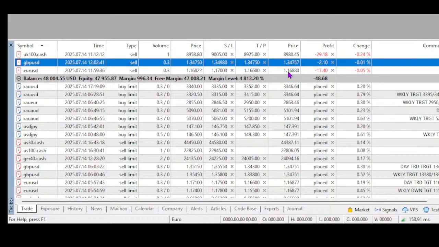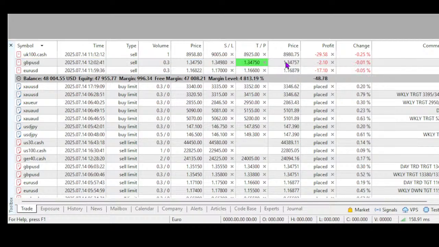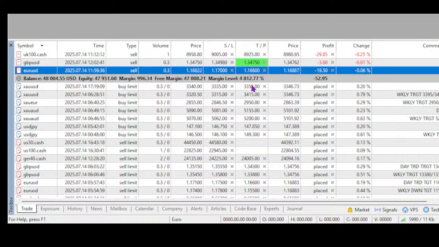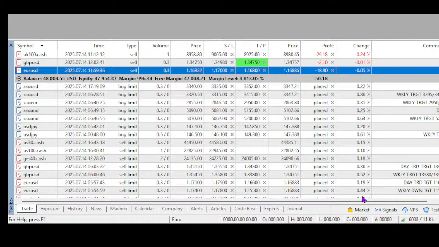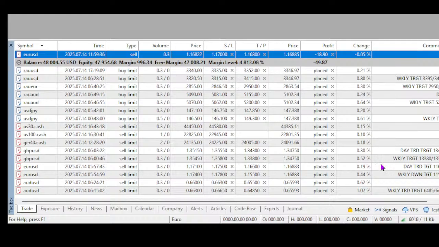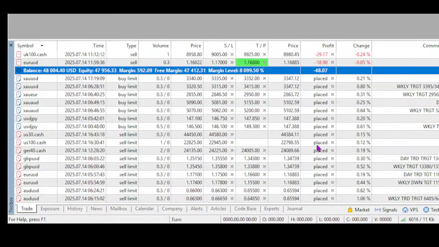Then euro also, I just want to close it at cost. So after that, we let all the other orders work, because the other orders are mainly day and weekly. So we can just let it work, and we will see what the outcome is. Okay.